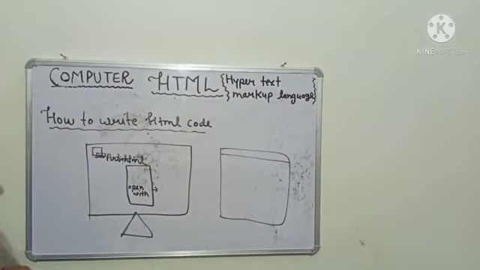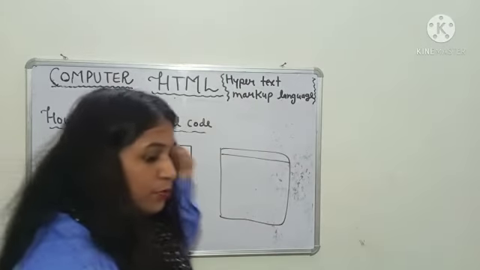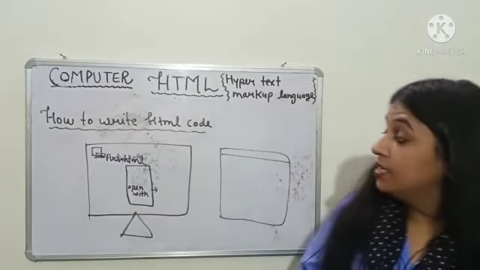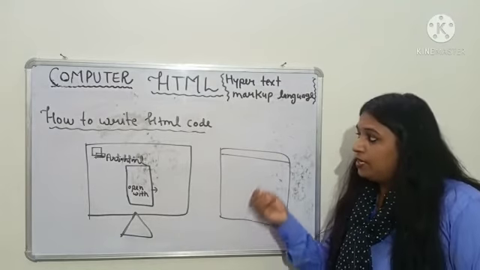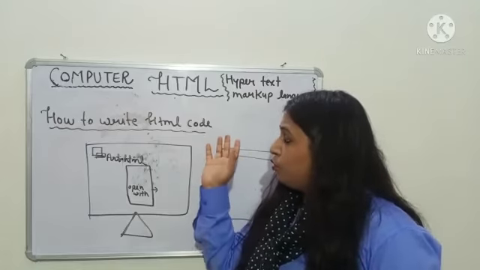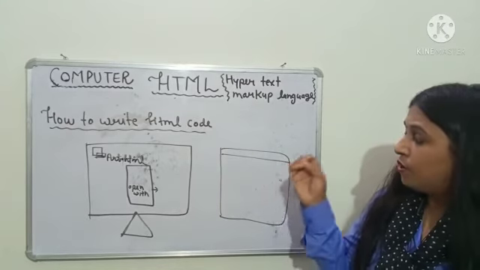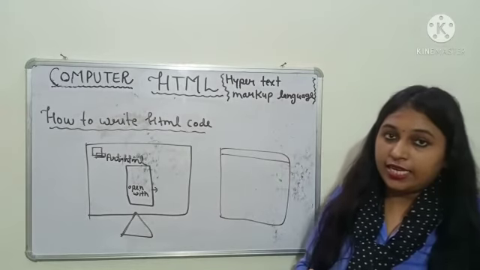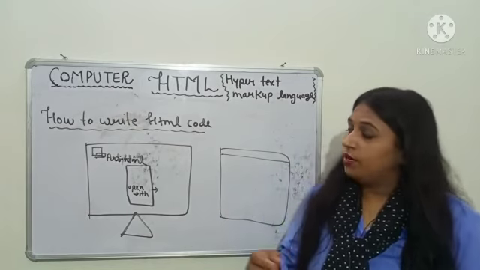So this is the way you can write your program, save your program, and also see your program in web view. Again I am repeating, you require two things for writing your HTML code. The first is Notepad, and second, to view your code, a browser.